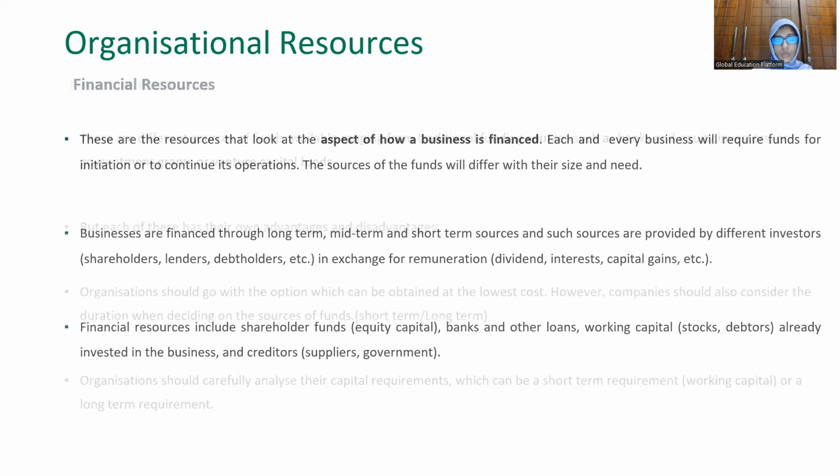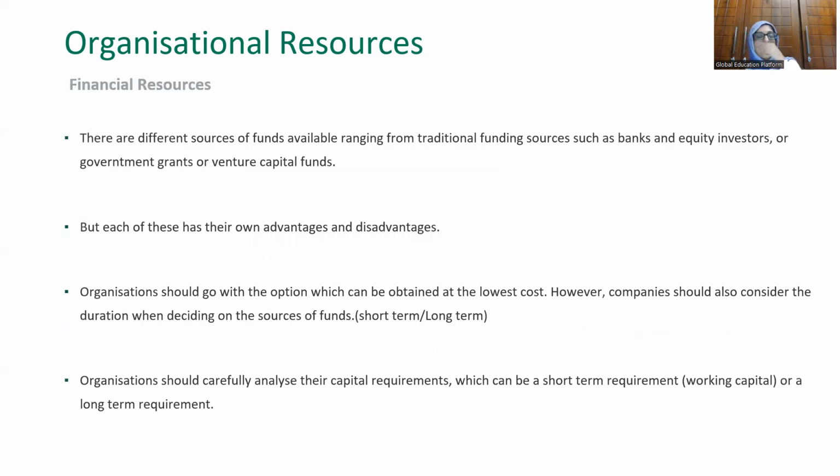So moving forward, we can talk more about financial resources. There are different sources of finance available when it comes to financial resources. From traditional funding sources, as I explained to you, such as the banks and equity investors, or government grants or venture capital funds.